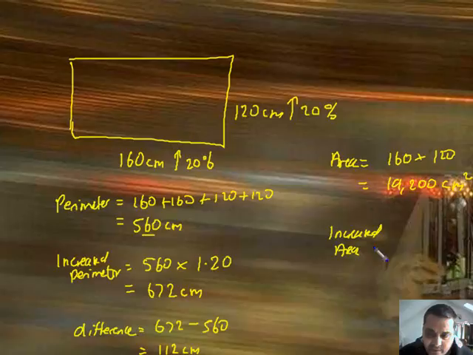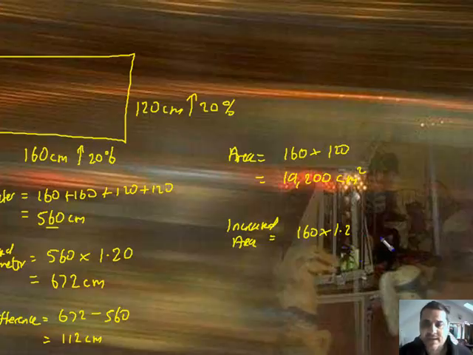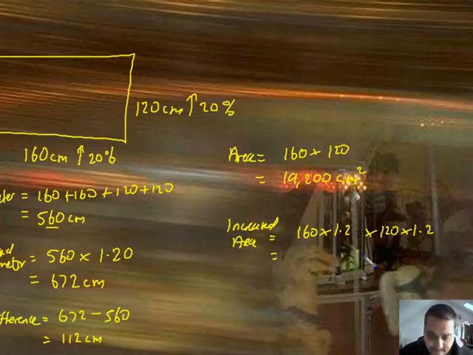So the increased area is going to be 160 multiplied by 1.2, and then multiply the 120 by 1.2. What am I going to get? 160 times 1.2 multiplied by 120 multiplied by 1.2. I know this is going somewhere.